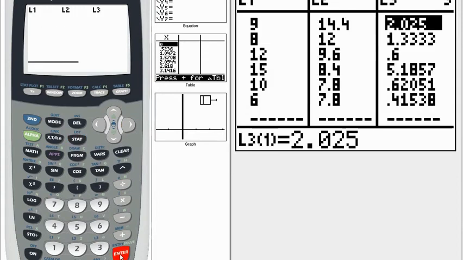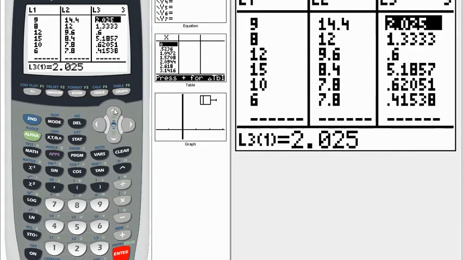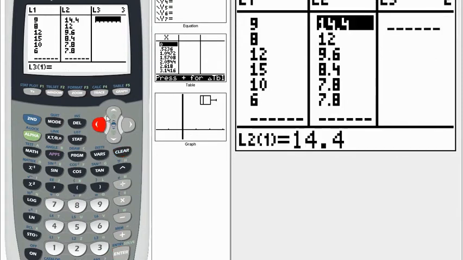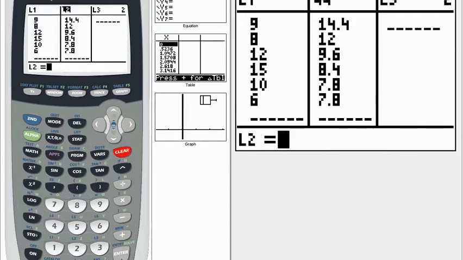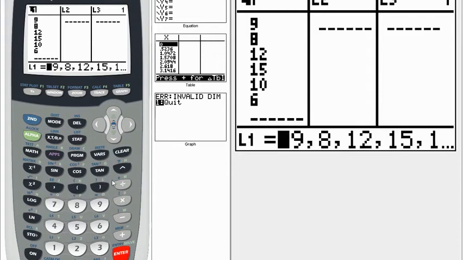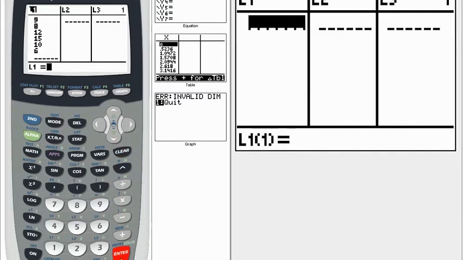We have the births. So I'm going to go back to my calculator and clear the information that I have there before. I'm clearing all of that, and I'm going to enter the births.